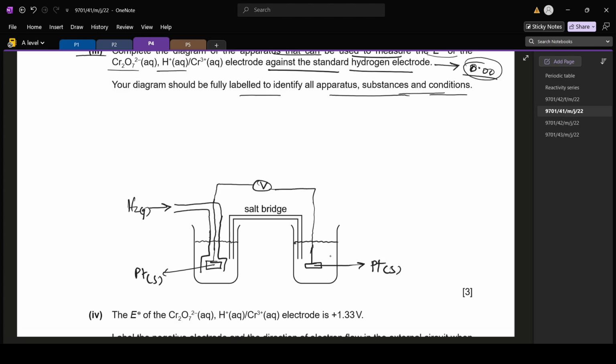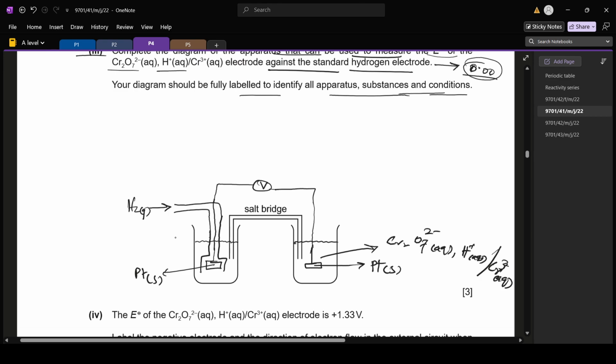In this solution you have dichromate ions aqueous, H plus aqueous, and chromium 3 plus aqueous ions. These are the ions present in this electrode.